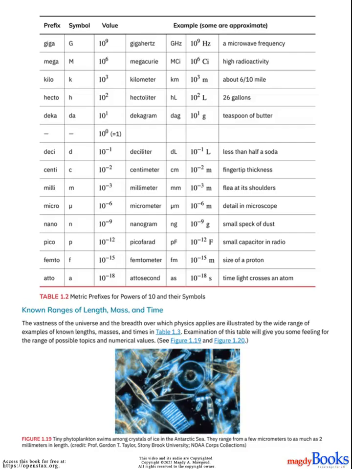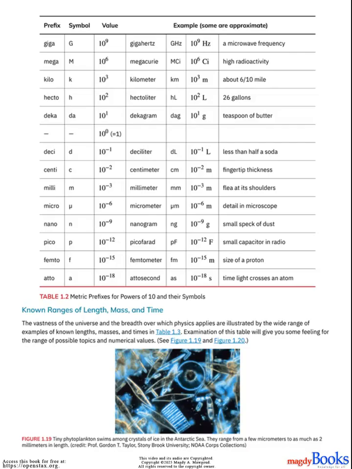Example, megacurie, MCi, 10 to the power of 6 Ci. High radioactivity. Prefix: kilo. Symbol: k. Value: 10 to the power of 3. Example, kilometer, km, 10 to the power of 3 meter. About 6 tenths of a mile.